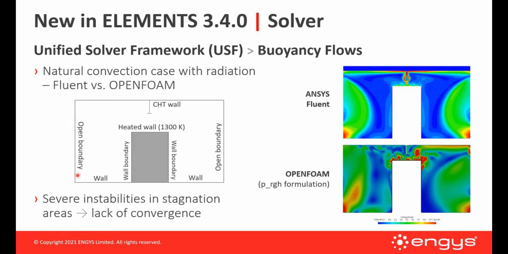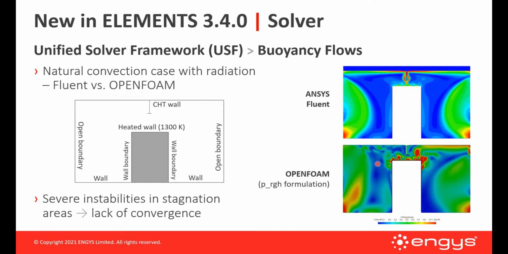If you look at this particular example here of a heated wall at 1300 Kelvin inside a room where the sides are open boundaries and the room is at 300 Kelvin, when we compare the solution of this problem with a well-known commercial tool to the solutions that we achieve using the standard libraries in OpenFOAM for this particular kind of problem, you can very easily see that the solutions are quite different. We are comparing velocity magnitude in this case.